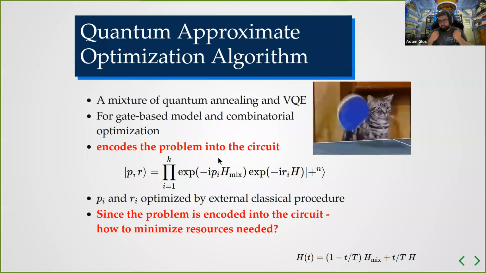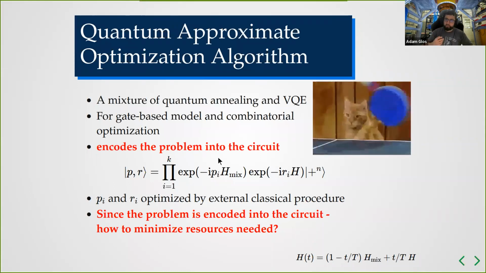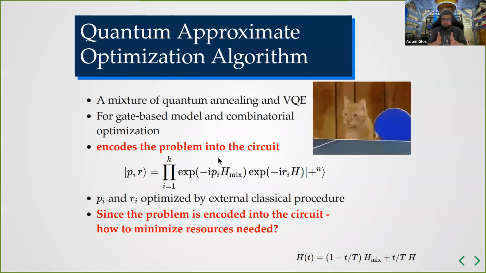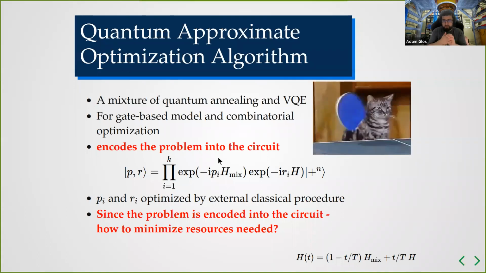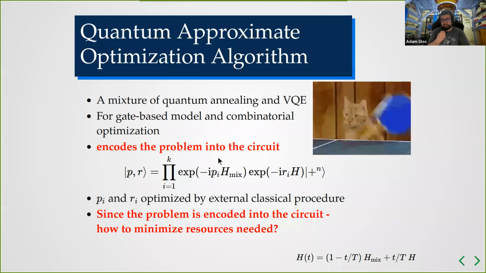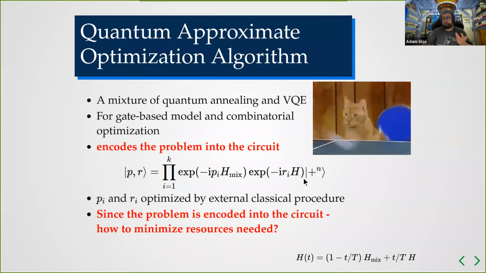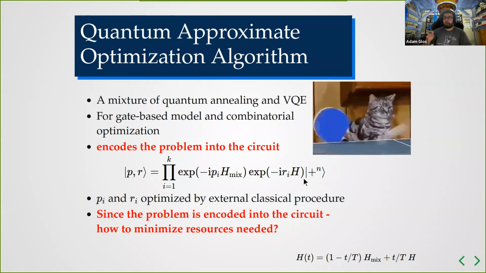In fact, in QAOA, in the quantum approximate optimization algorithm, we hope that this ansatz can go beyond this, meaning that we do not really need to choose very small angles, but we can use an external classical optimization procedure to optimize these times, beta and gamma, so that we have a very good state. What is exactly the problem?